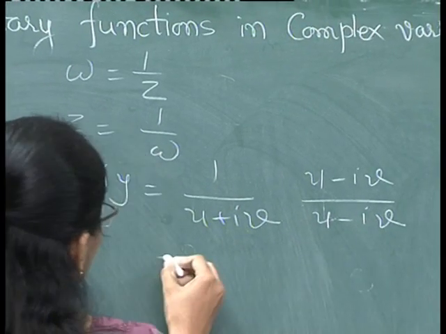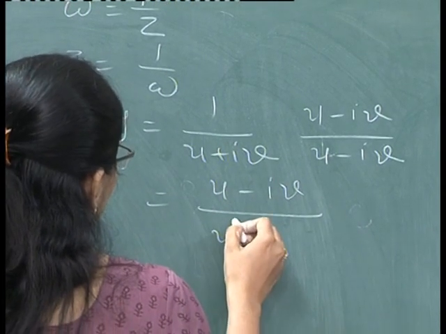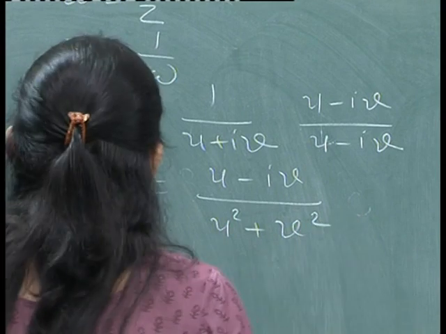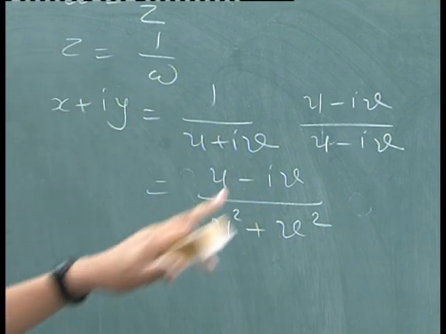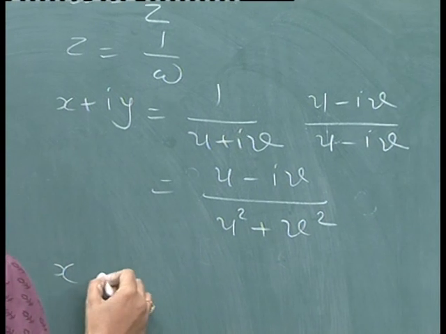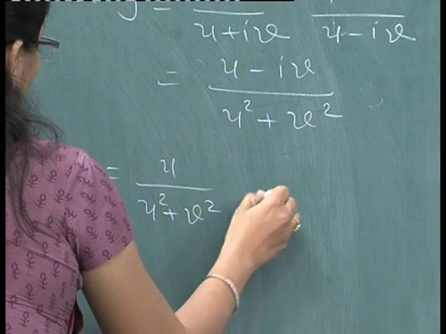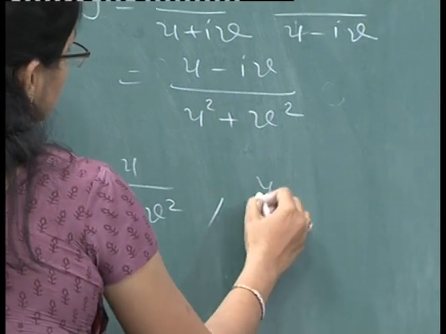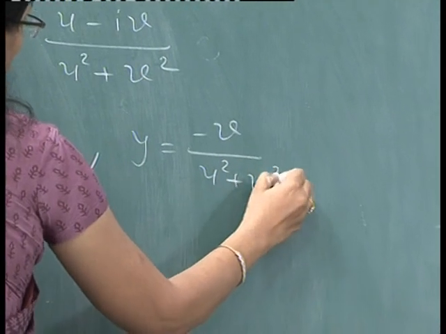And so we have u minus iv upon u square plus v square. Now comparing the real and imaginary parts, we have x is equal to u upon u square plus v square, and y is equal to minus v upon u square plus v square.